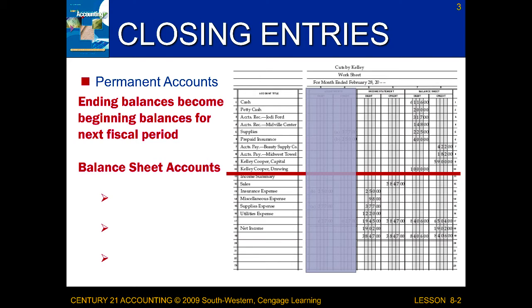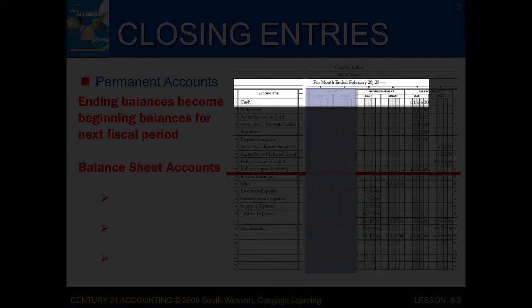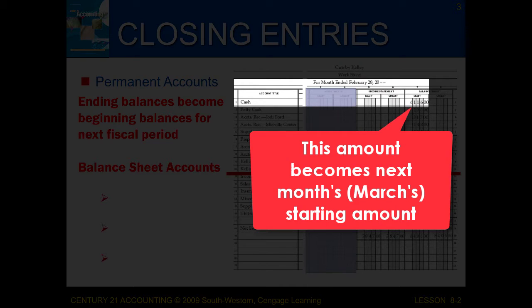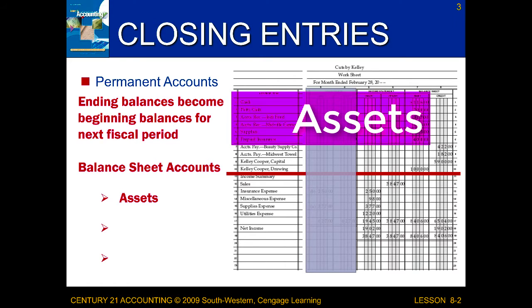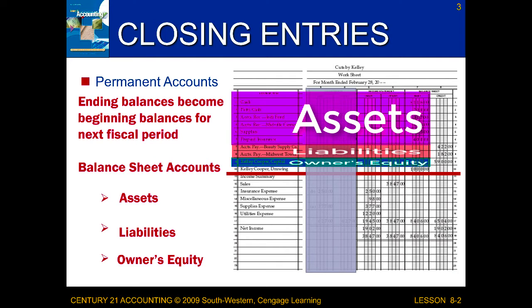So for example, in this case, cash is ending with $6,116 at the end of February. At the start of March, cash is going to have $6,116, and so on and so forth, all the way down for every single balance sheet account. So this includes our assets, cash, petty cash, accounts receivable, supplies, prepaid insurance, our liabilities, which are our accounts payable, and then our owner's equity account, just our capital account.